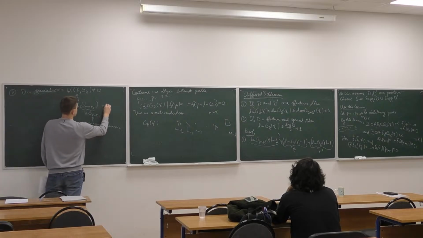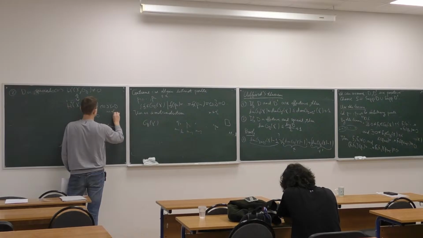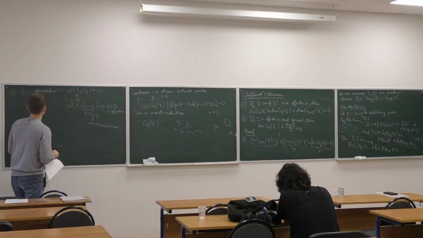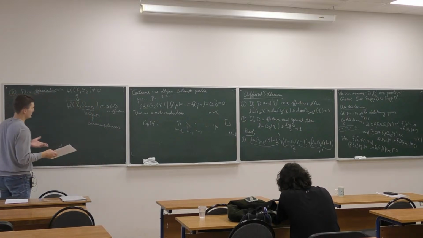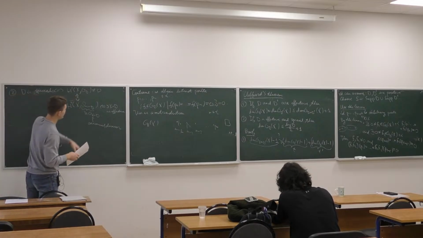So basically, this is equivalent to the fact that K minus D is effective. There's this dual thing: D is special if and only if K minus D is effective.